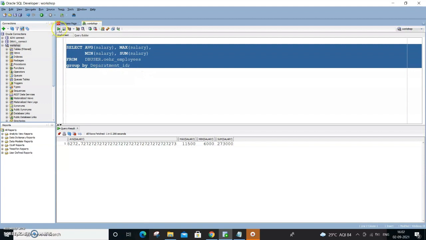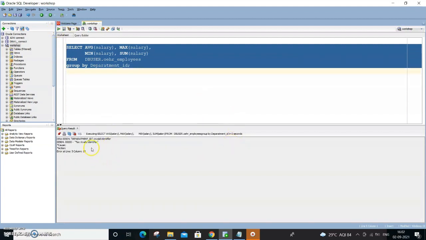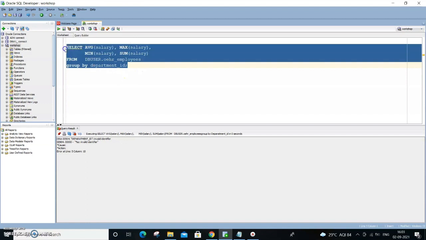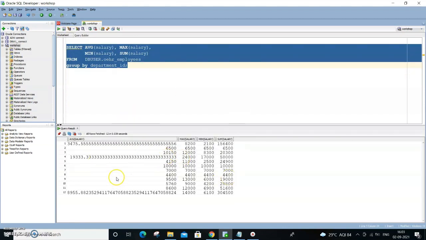So let's try executing this. It says invalid identifier. Oops, it's a spelling mistake: department ID. Yeah, here it is. For each of the departments you have the average salary, max salary, min salary, and sum salary.